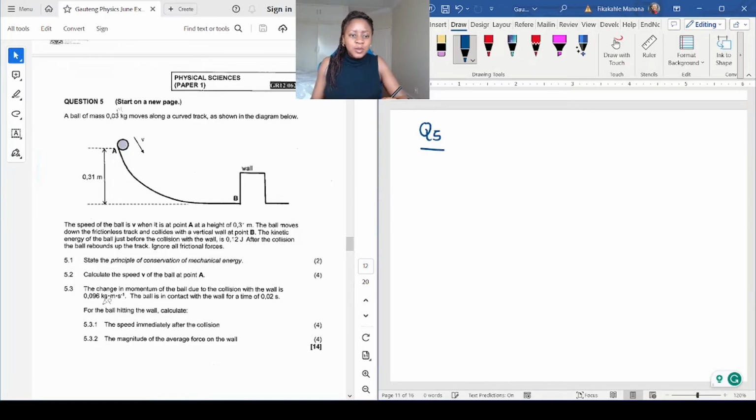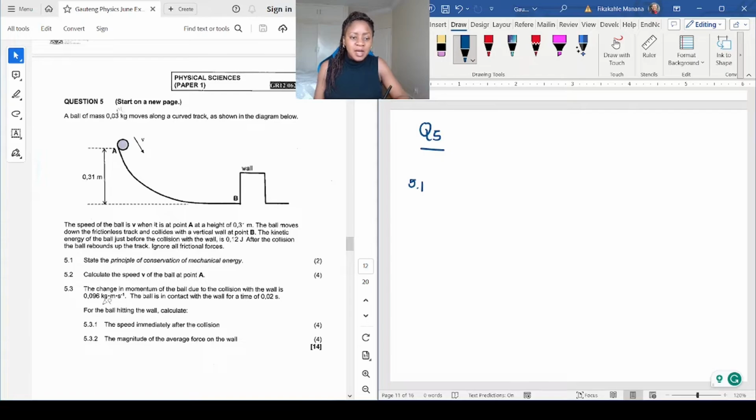Question 5. A ball of mass 0.03 kilograms moves along a curved track as shown in the diagram below. You can see it's going down, it's going to hit a wall, and let's read what they're talking about. The speed of the ball is v when it is at point A at a height of 0.31 meters.